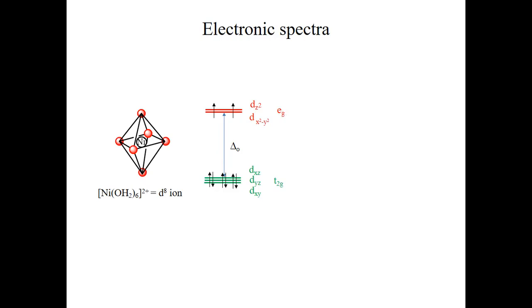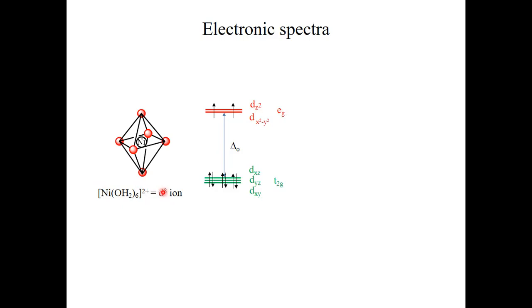So for instance, there's an octahedral complex known such as the hexaaqua nickel 2+. And in this complex, the nickel has the d8 electron configuration.